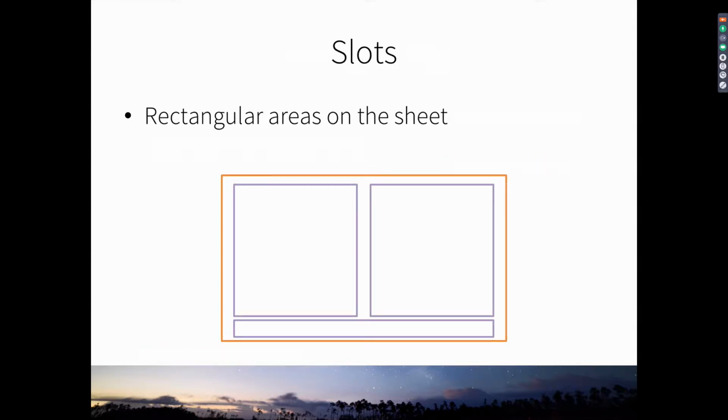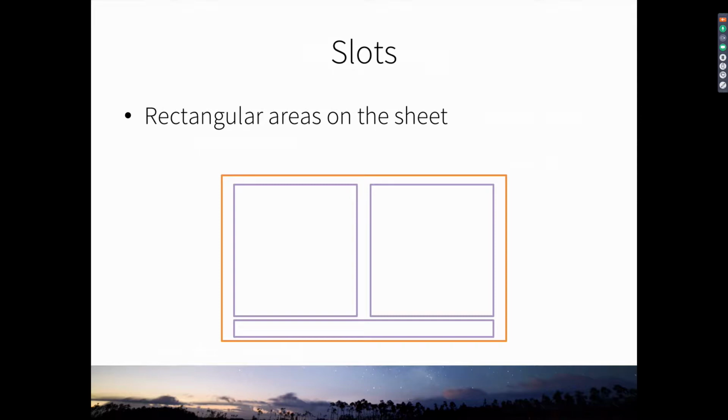So what are slots? Well, if you have the sheet, you have to put information in it. And a slot is a rectangular area on the sheet. The example that I have here, I have 3 slots defined, and you could imagine that 2 of those are going to be used to put pages from an incoming PDF document into, the 2 big ones at the top, and the smaller slot we have at the bottom could be used for other information.